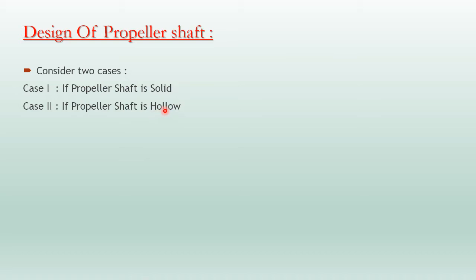So it will help to reduce the overall weight of propeller shaft. So for that purpose we have to design a separate propeller shaft for solid purpose and for hollow purpose. Okay, so let's see one by one.